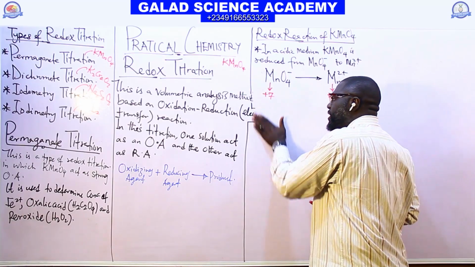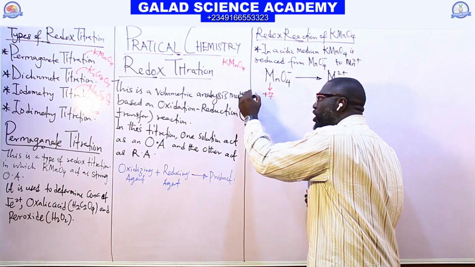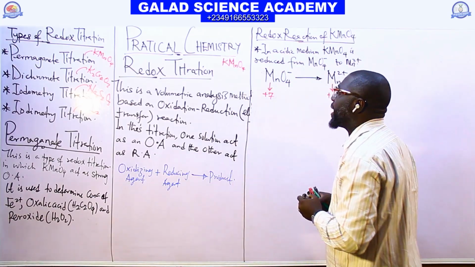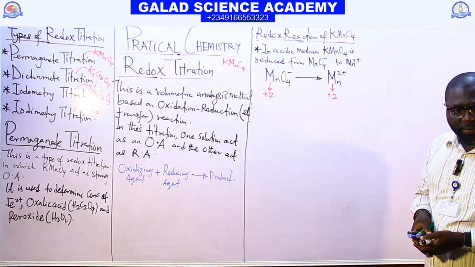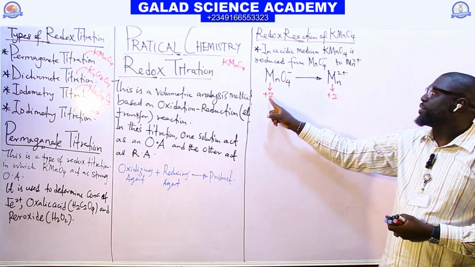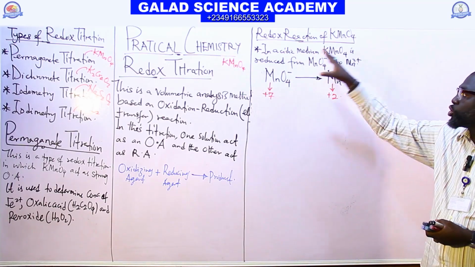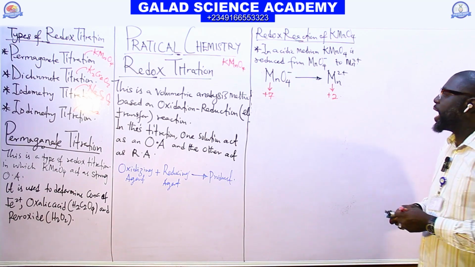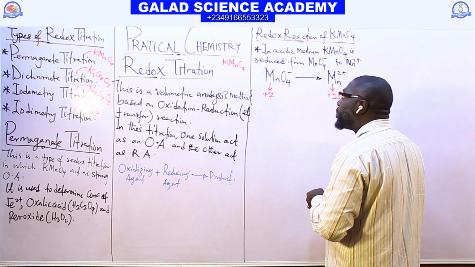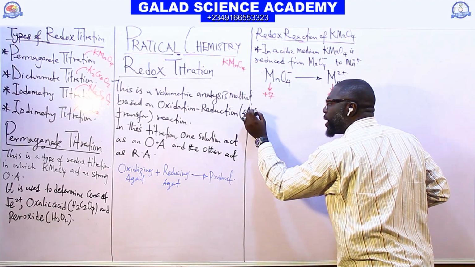So the redox reaction of permanganate is that it is reduced from +7 to +2 in acidic medium.